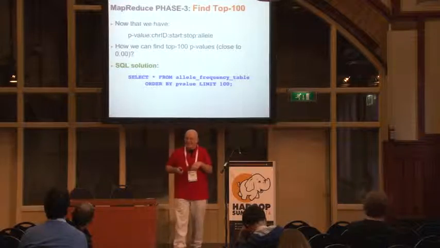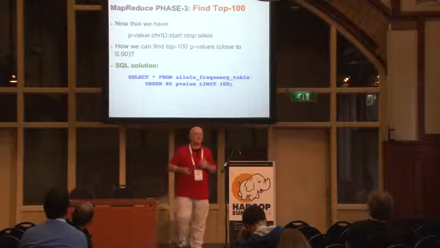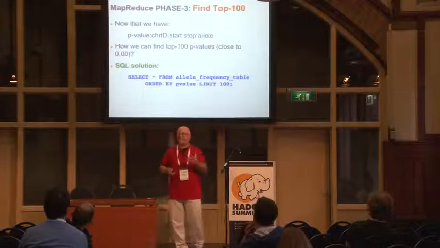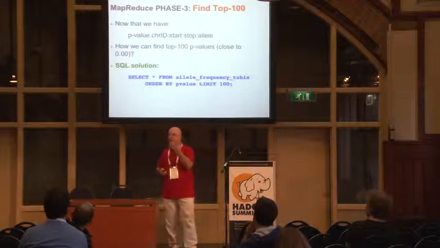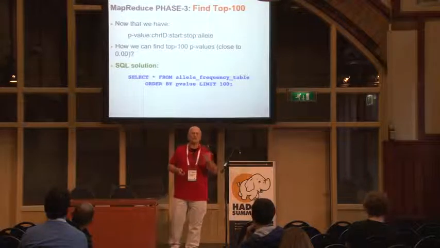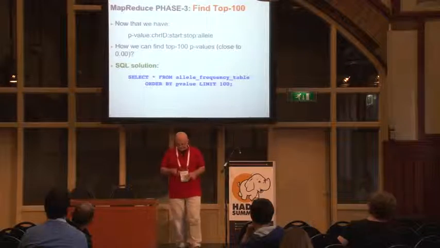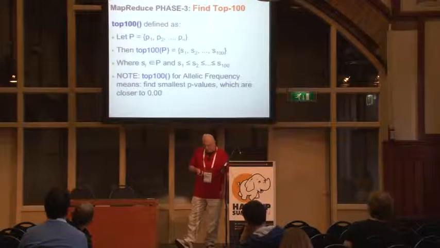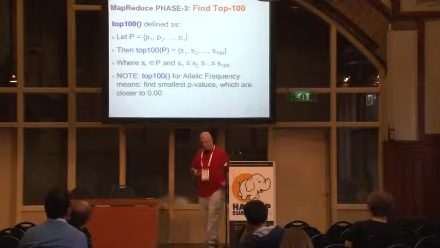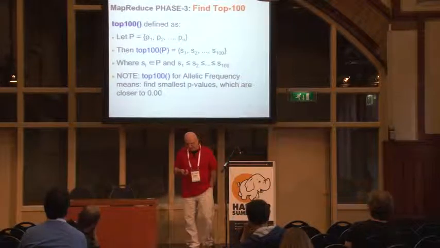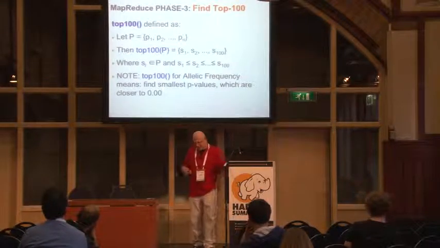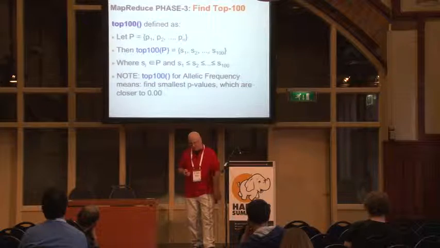And I have found another pattern which is called monoid. If your mapper generates a monoid, it's an algebraic term, then you can have, let me show you that one. That will be here. This is the top 100. Given P1 up to Pn, top 100 will be the smallest values, which are S1 less than S100 and so on.